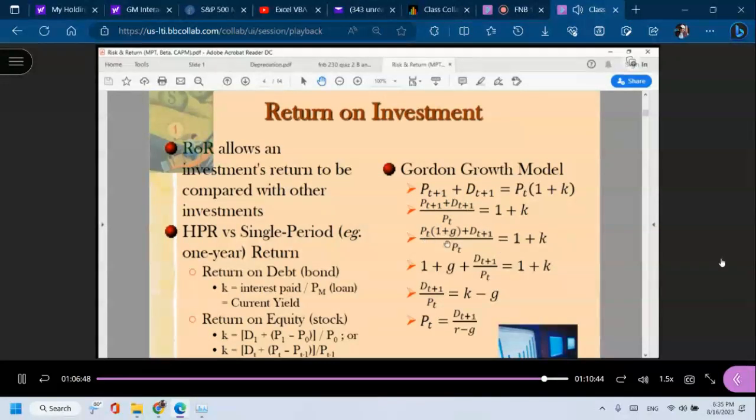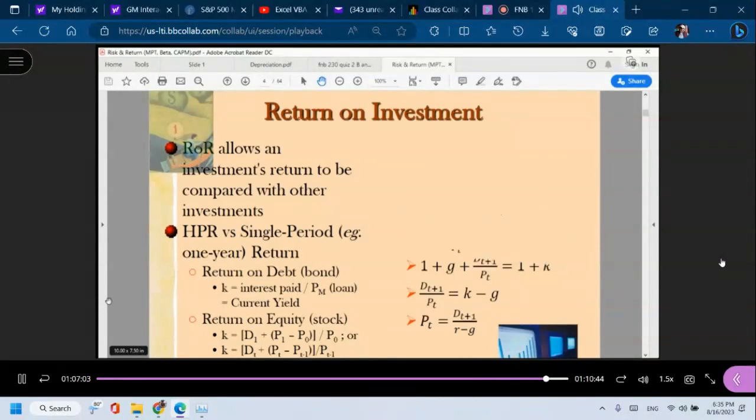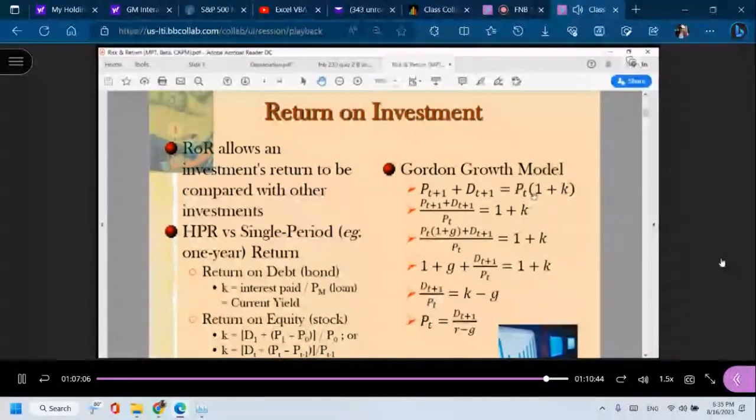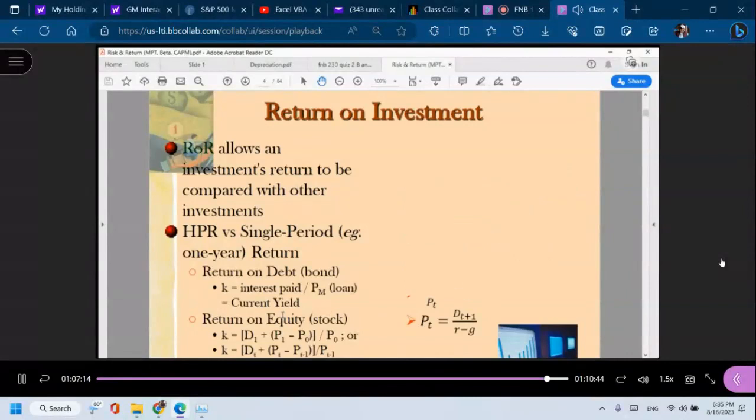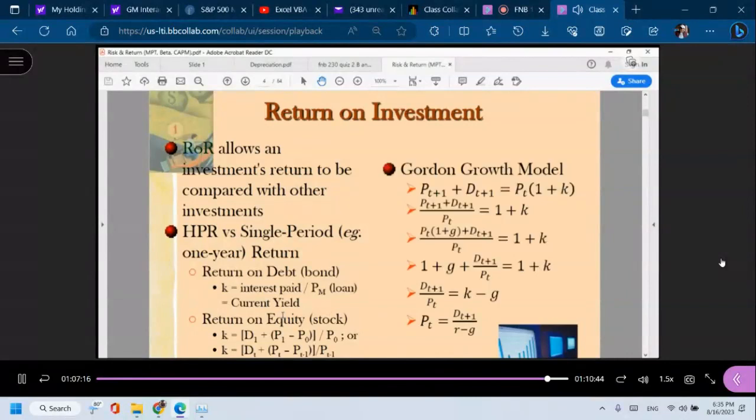But then what is Pt plus 1? Isn't Pt plus 1 equal to Pt times 1 plus growth rate? In other words, isn't that the growth rate of the initial capital? Pt grew to Pt plus 1 by as much as the growth rate. In other words, the house value alone grew by 10% every year.